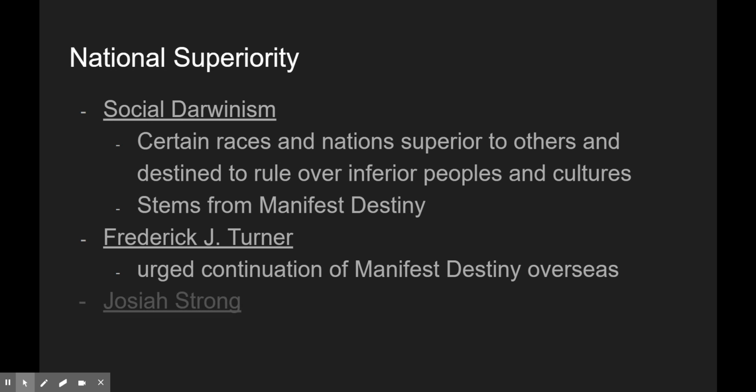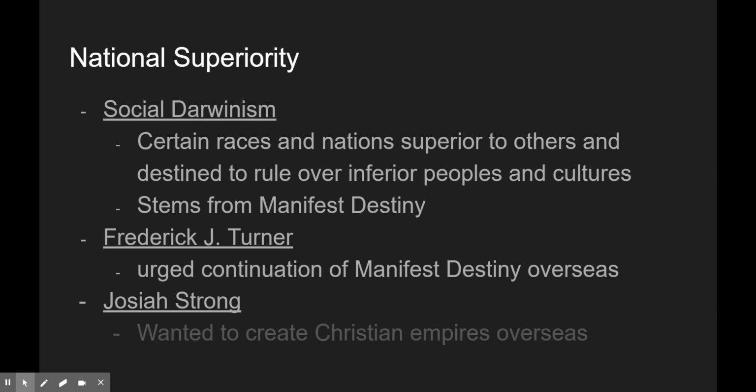And there's another voice named Josiah Strong, who is a very famous preacher at the time, who is going to feel that it's our duty to spread Christianity and create these Christian empires overseas. So I feel like when we talk about expansion, we've talked about stronger military, we've talked about economics, but here this idea of spreading American culture and national superiority is really important.